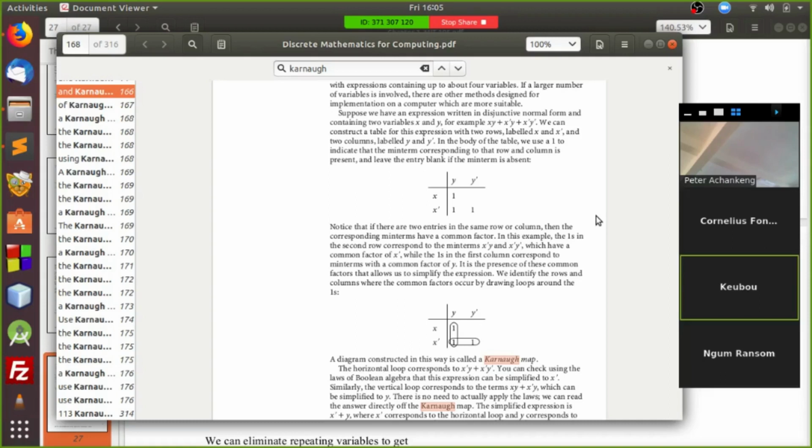But with a bigger map, you can group these terms with each other backwards, because of the way we draw it, the edge terms are always related. For now, it's not related because it's just a two variable Karnaugh map.